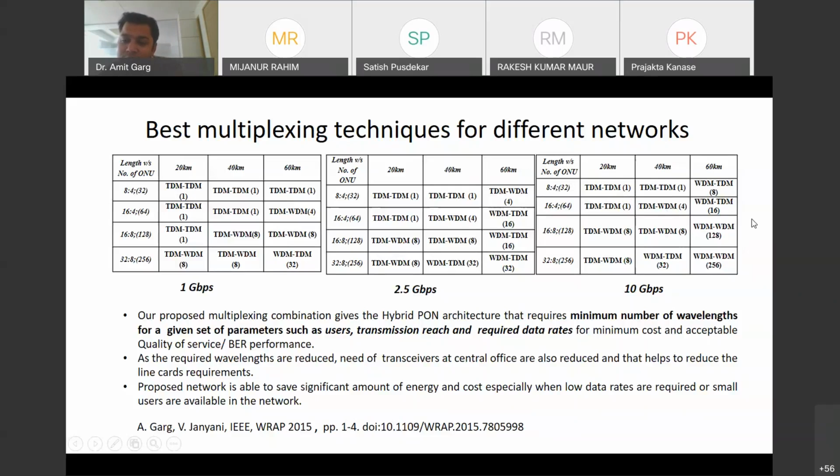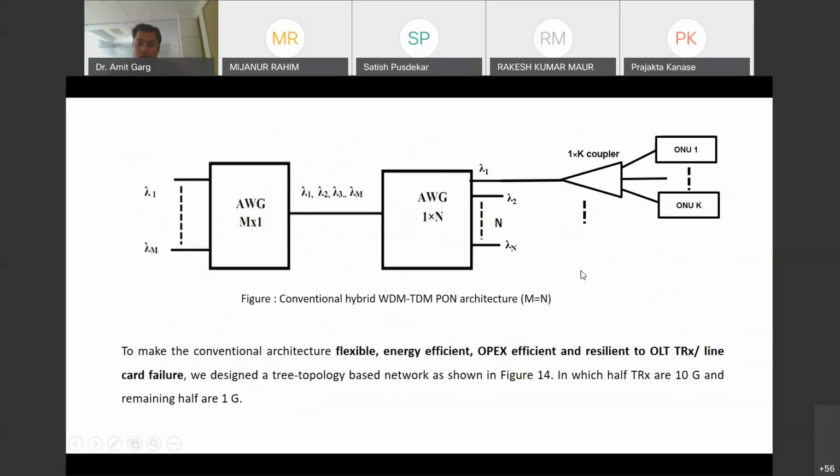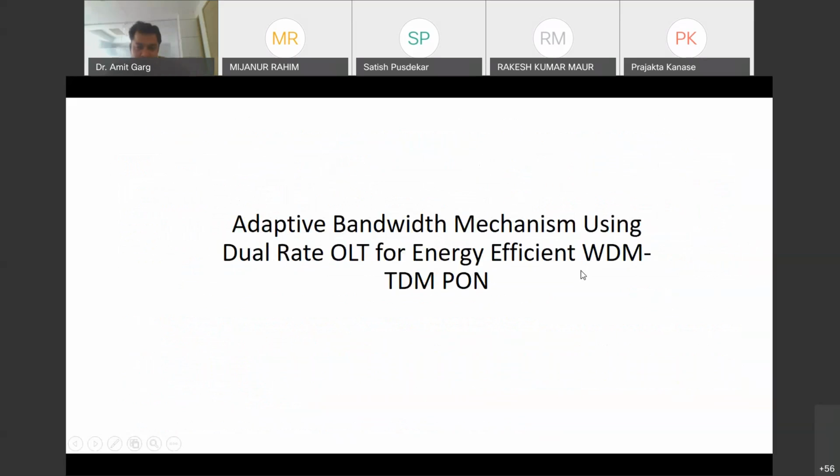But suppose the distance is 60 kilometers and the number of users is also increased to 256, then we need to employ pure WDM PON, and for this we require 256 wavelengths. Okay, so now there is another architecture, that is adaptive bandwidth mechanism using dual rate OLT for energy efficient WDM TDM PON.